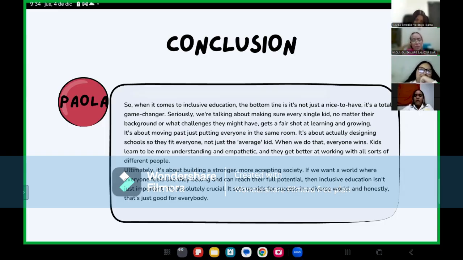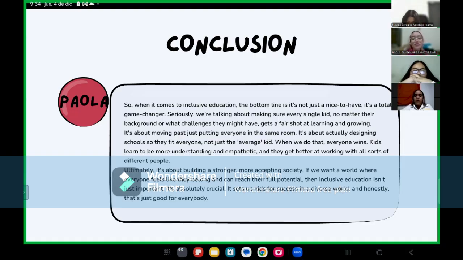It's about moving past just putting everyone in the same room. It's about actually designing a school so it fits everyone, not just the average kid. When we do that, everyone wins.